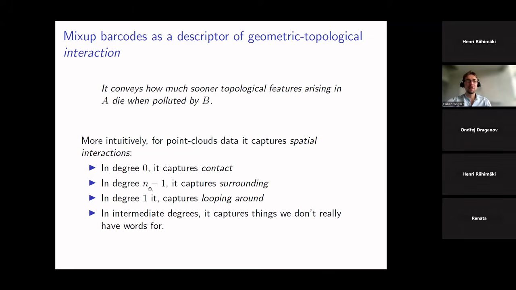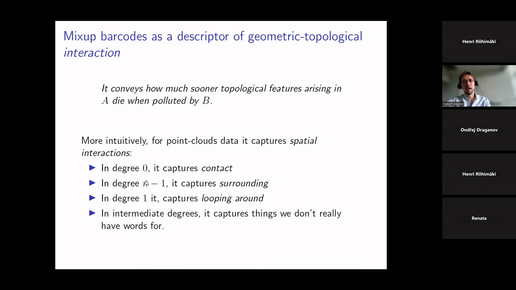And as we've seen, maybe the clearest example was in codimension 1, so this was H2 in R3. In this case, those mixed barcodes capture surrounding: red points were surrounding the blue points. In degree 1, there was this looping. Actually, in this case, the two subsets were linked together, looping around each other.